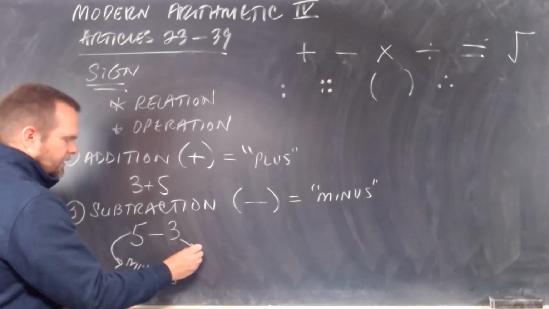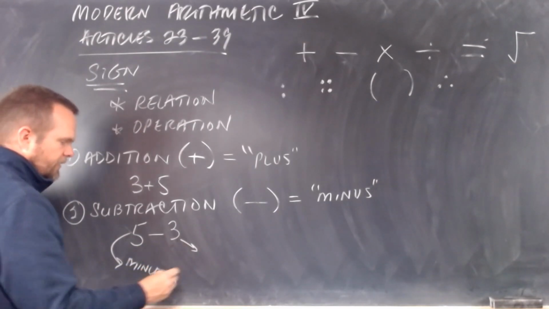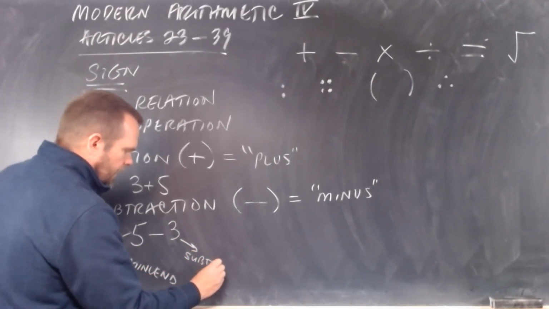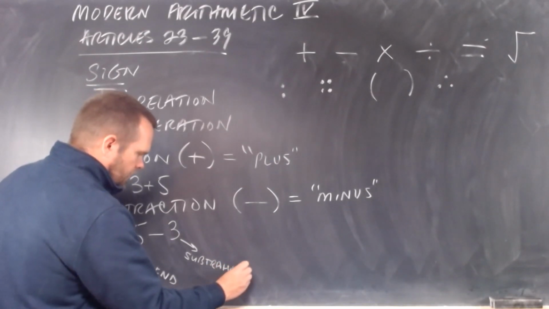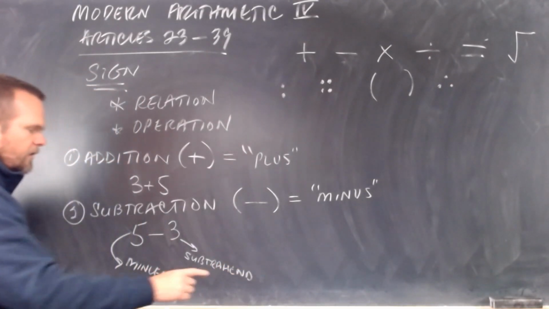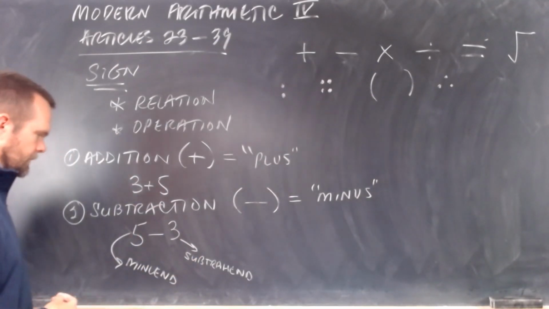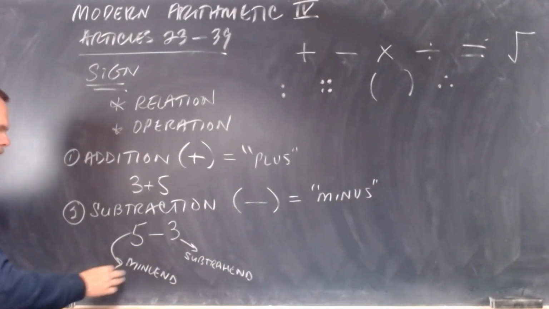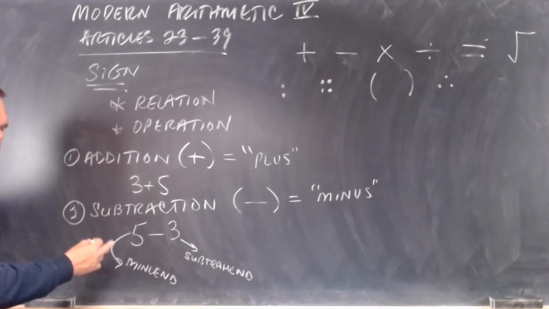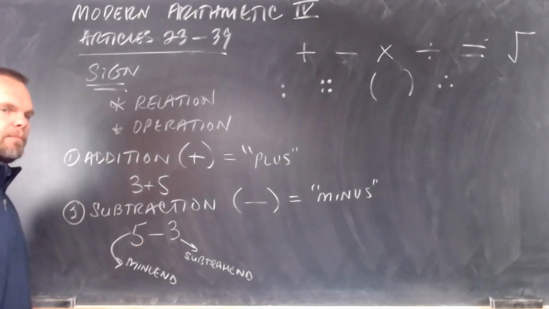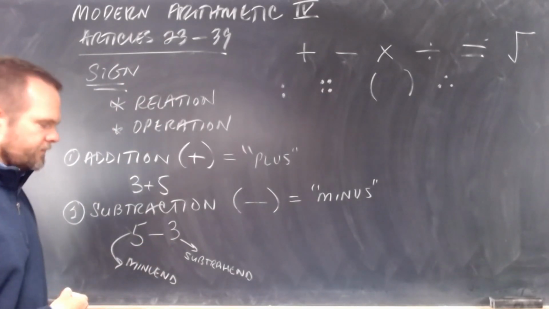And the second number in a subtraction expression is called the subtrahend, which is Latin for the number to be taken away. The minuend is the quantity to be diminished. The subtrahend is the number to be taken away.